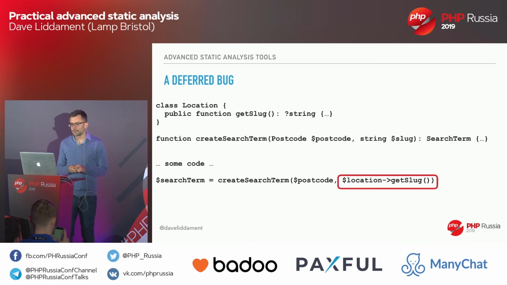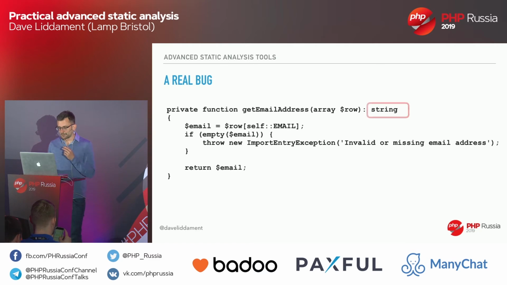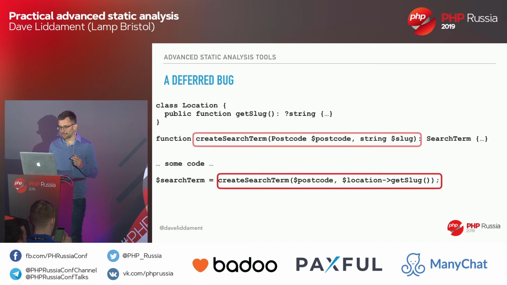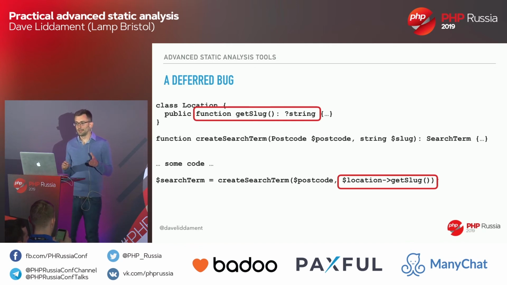So what does location getSlug return? Oops, wrong way. Sorry. What does location getSlug return? It returns either a string or possibly a null.